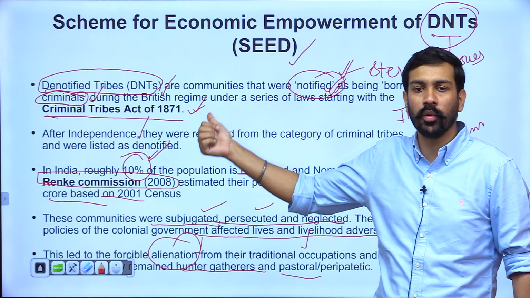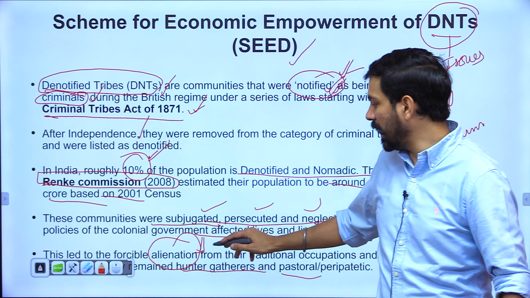And further, they are alienated from their occupations because earlier they used to live in proximity to the forest areas. So Britishers restricted their rights over the forest areas. Even after independence, we know that until the 2006 Forest Rights Act, major economic empowerment of the tribals and their rights as such were not majorly recognized by the government.